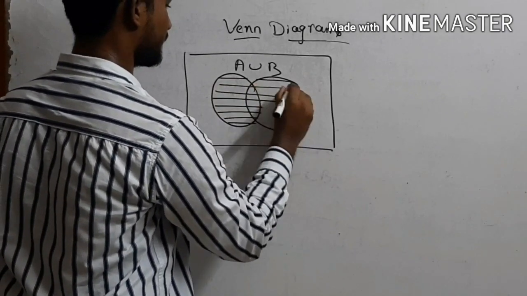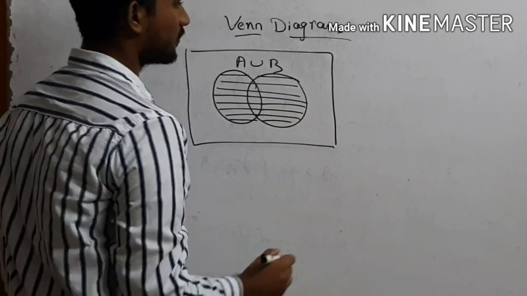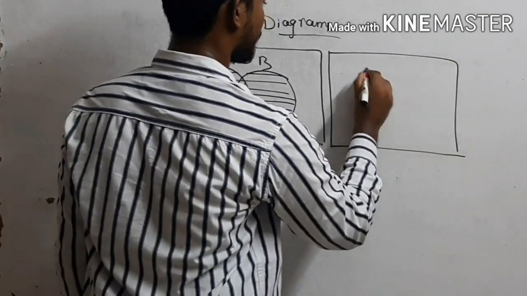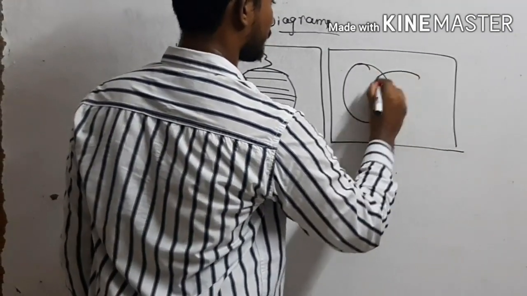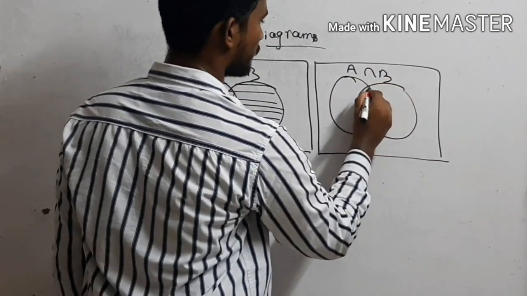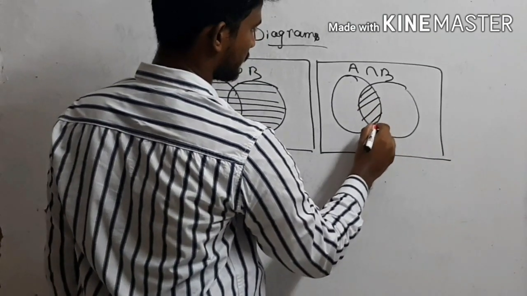It is the Venn diagram of A union B. For A intersection B, we can take only the intersection part of A and B.